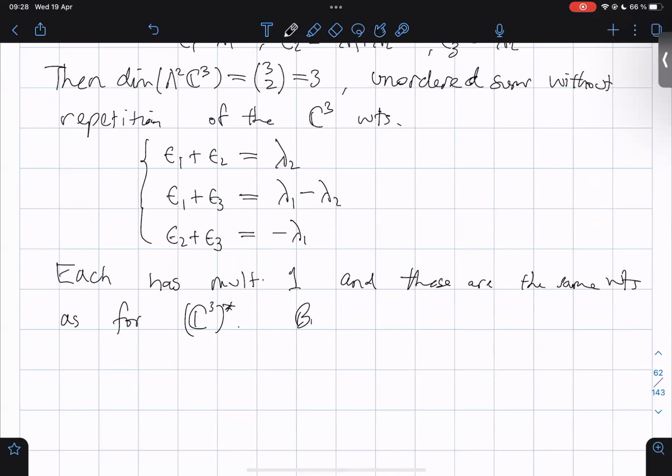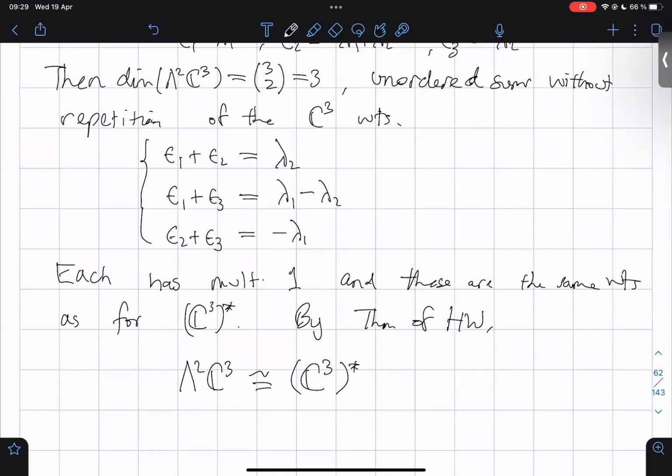Okay, so by the theorem of highest weights, we can conclude that these representations are isomorphic. Okay, remember the notion of isomorphism: you have an intertwiner between these representations. The action of the Lie algebra on both settings can be mimicked, can be mapped one to the other.